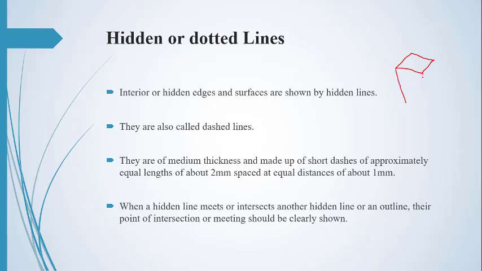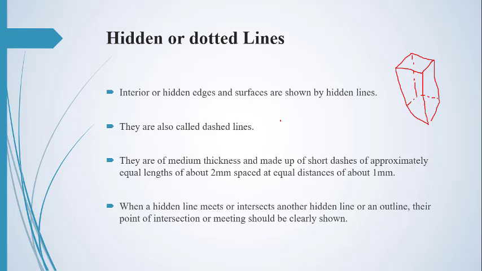Like this is a cube, and I want to show you the edges by dash or dotted lines. So these are the edges which can be shown by the hidden or dotted lines.